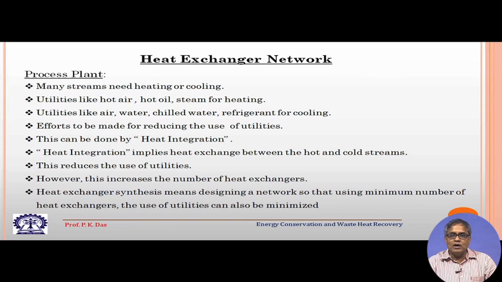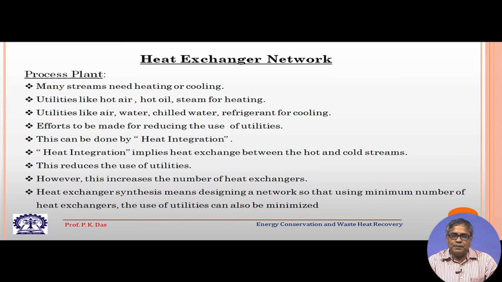That means a particular stream will be available at a particular temperature, which could be called the supply temperature, and then for this stream there is some sort of a target temperature to which that stream has to be brought.